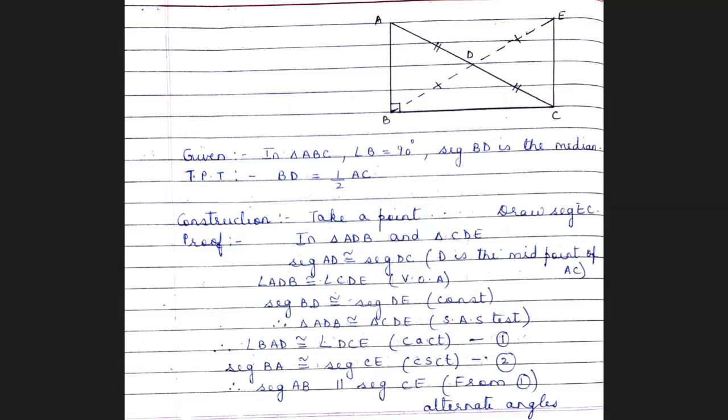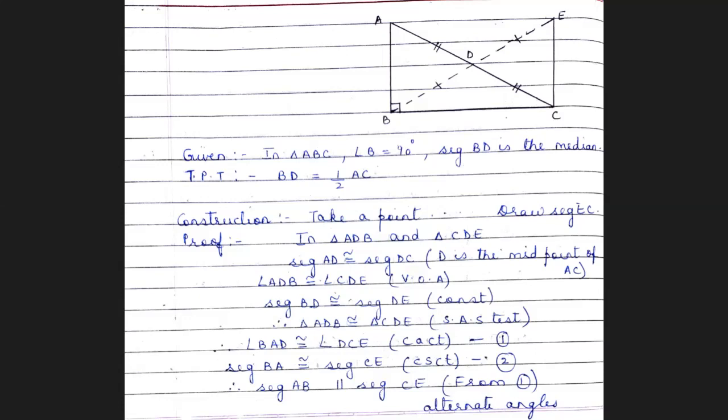Therefore, angle BAD is congruent to angle DCE by CACT. Okay, segment BA congruent to segment CE by CSCT. Now since angle BAD is congruent to angle DCE, we can write segment AB parallel to segment CE because they form a pair of alternate angles. All right.